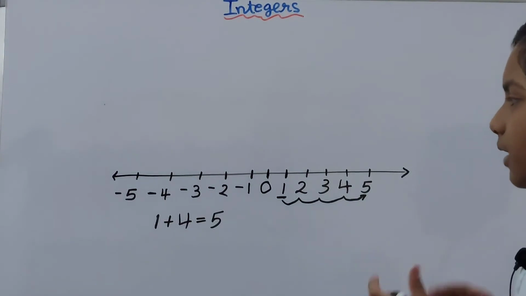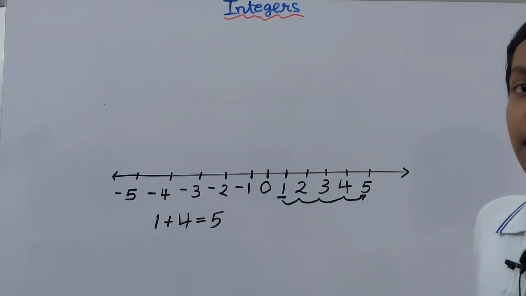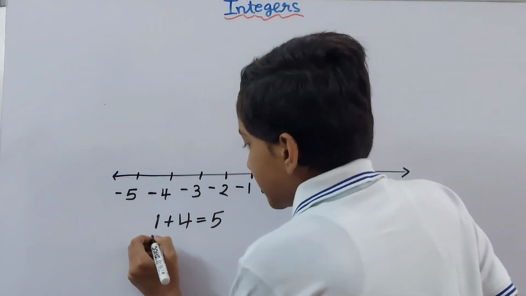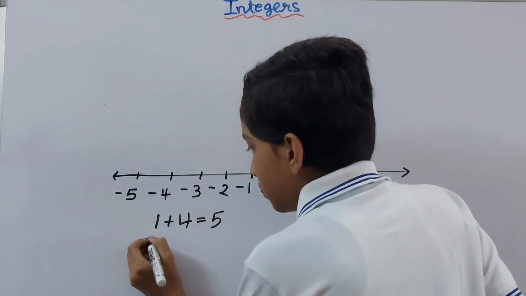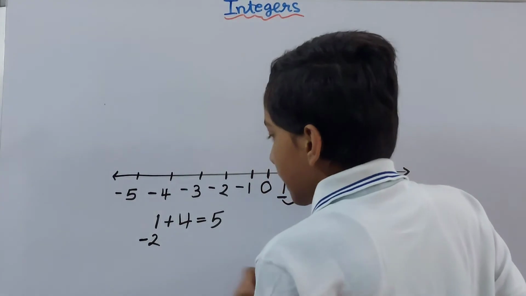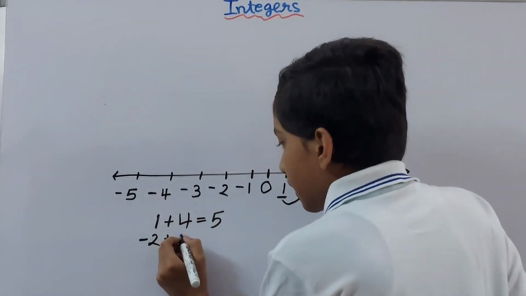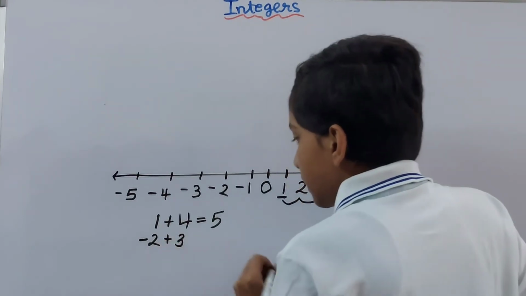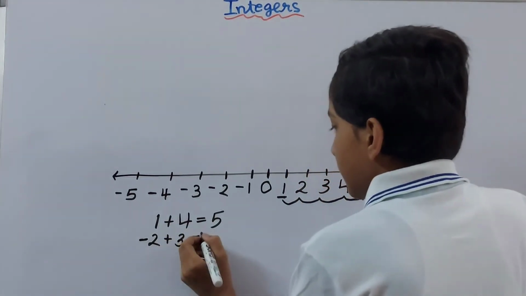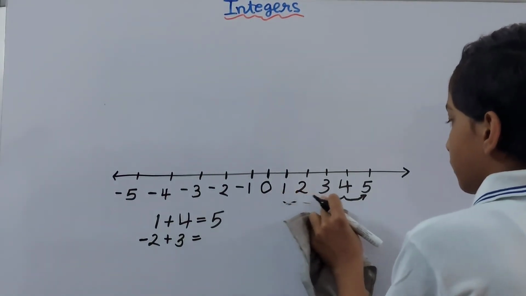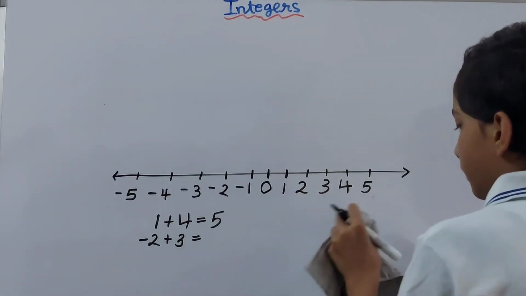Okay, now let's see how can we add negative numbers. Okay, so let's take minus 2 here plus, let's say, 3. Alright, so minus 2 plus 3 over here we have like this.